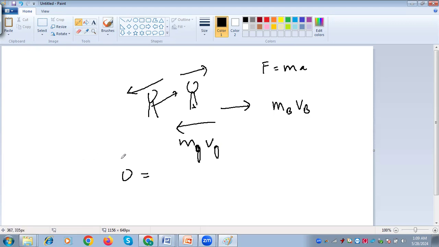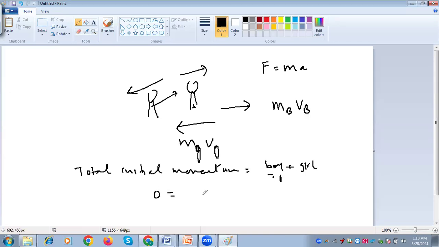Boy plus girl, both of them were at rest, so the total initial momentum was 0, and the final momentum will also be 0.